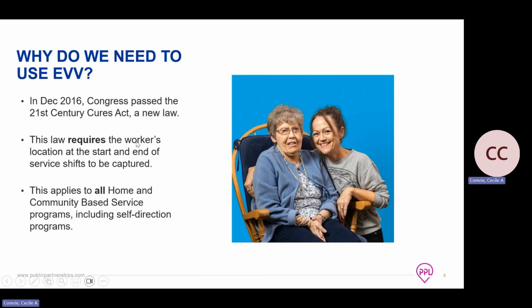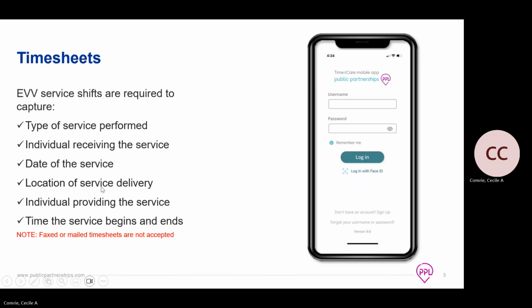And why is that needed? Well, in December 2016, Congress passed the 21st Century Cures Act, and that law requires knowing the location of when the service is being provided. The start and end needs to be captured. It applied for anybody in the community under any of the home and community-based service programs, including self-direction.